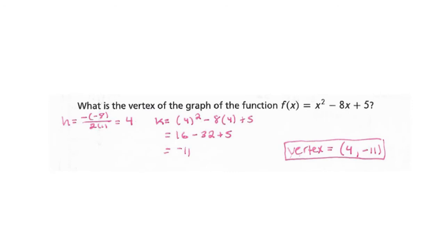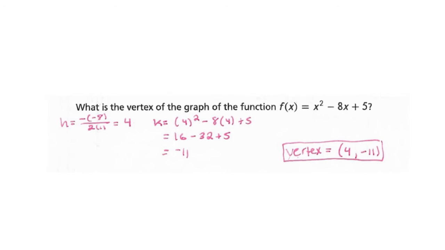B is -8, so opposite of b is 8, over 2 times 1, because a is 1, so 8 over 2 equals 4. Then we take this 4 and substitute it in for all the x's, and we get -11. Therefore, your vertex is 4, -11.